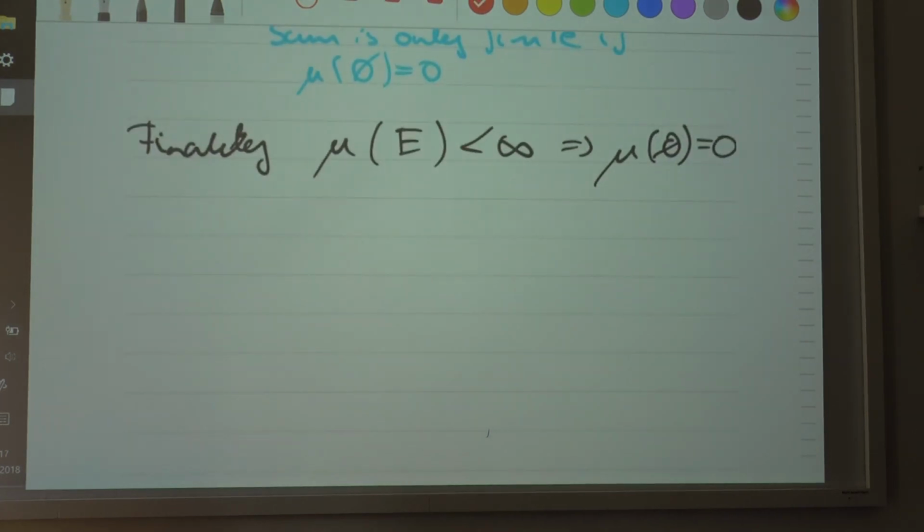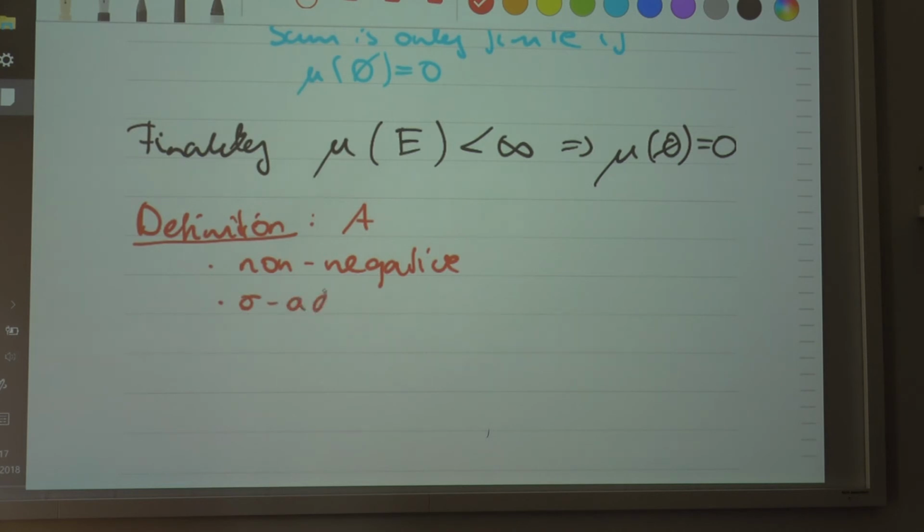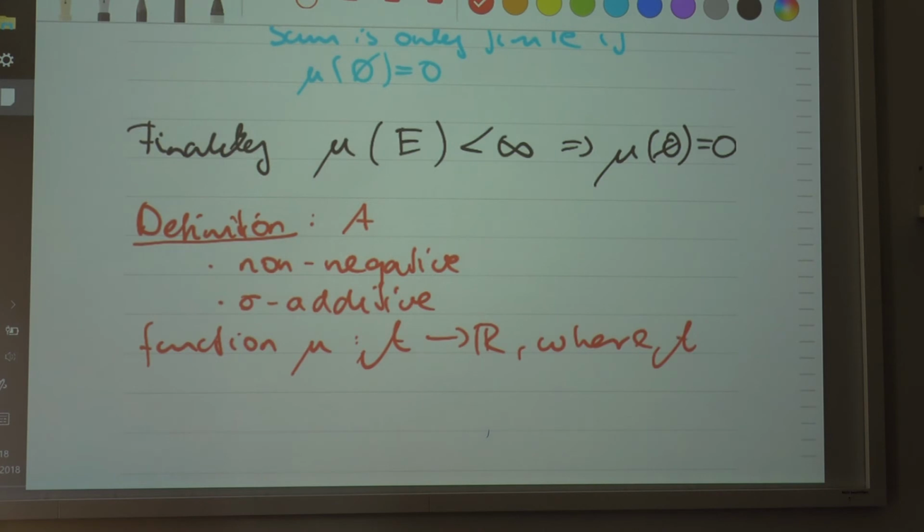Now let me define what the measure is, because we will be talking about this concept later and I need it. A non-negative, sigma-additive function, I call it mu, defined on a sigma algebra, where I call it A, so A is a sigma algebra over the set omega, is called a measure.